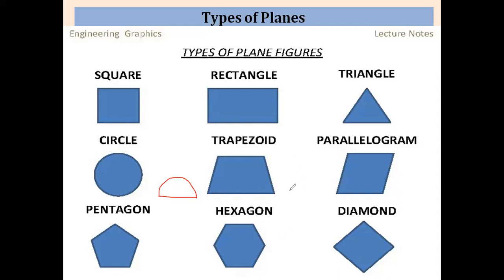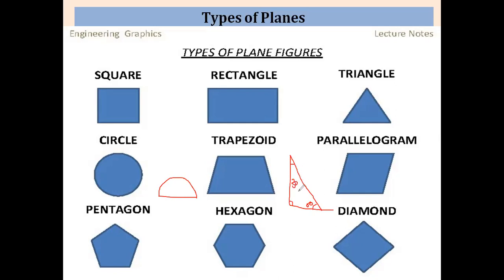Sometimes it may be asked: right angle triangle plane, something like a 45-45-90 set square. Do you know a set square? Yes, sir. Maybe this one has angles 30, 60, 90. So what is the relation?